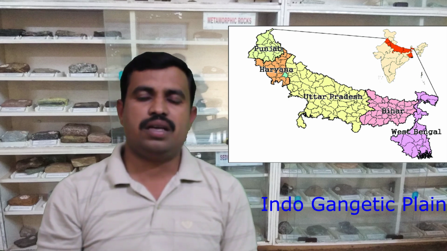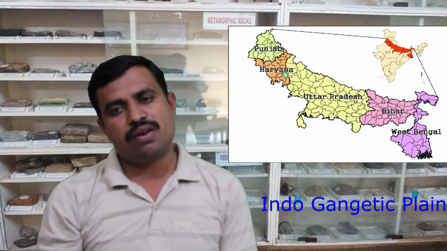Now we will see the structure of this Indo-Gangetic Plain. It is made up of undisturbed layers of Quaternary sediments which have been deposited by the rivers of the Himalayan region. The bottom of the Indo-Gangetic basin is unsymmetrical.